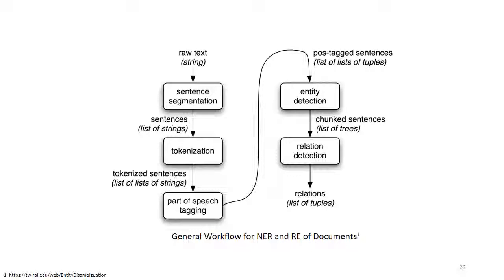They are tokenized, which means that we pull out usually just words and then have blanks bracketing them. So we have parts of speech that are tagged, and we now know what parts of speech those tokens are, and we can better recognize what entities they are. If it's a person, if it's a location, if it's an organization, or a time, or a protein, or a disease, or whatever it is, the entities are detected.